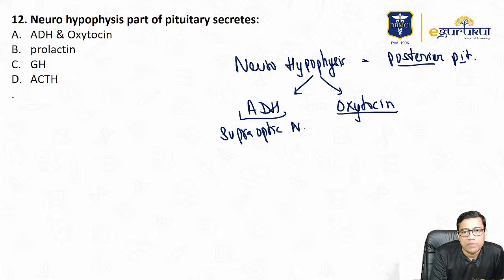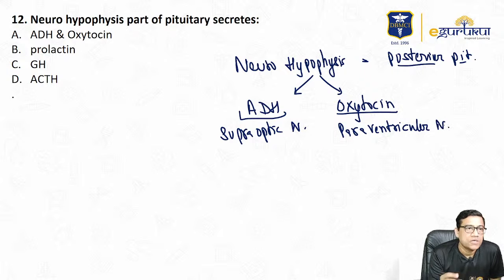And oxytocin comes from the paraventricular nucleus. So the question is, what will be the answer? It is ADH and oxytocin. Okay.